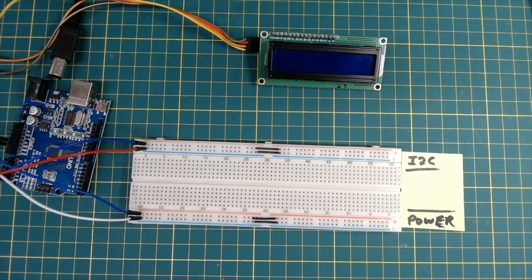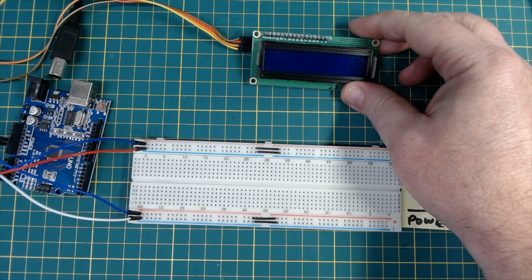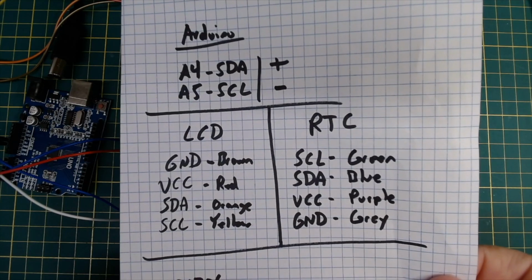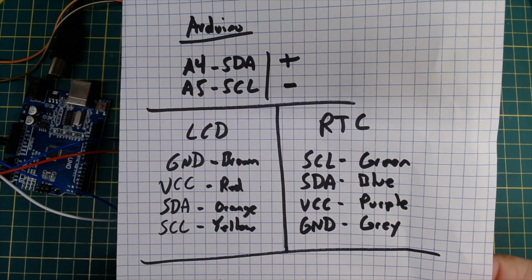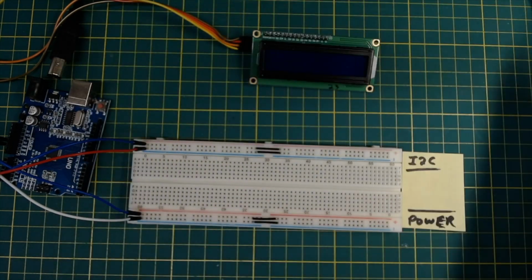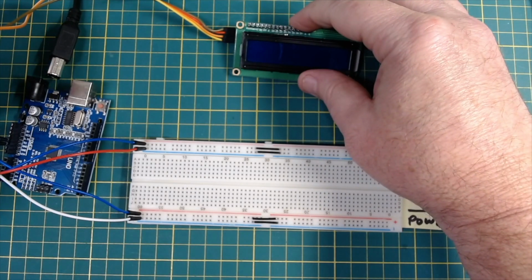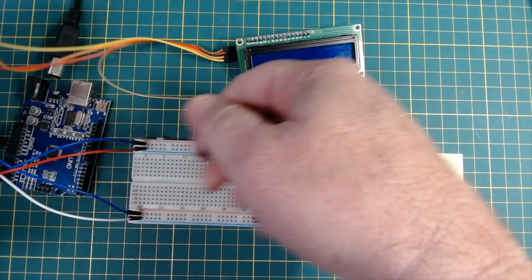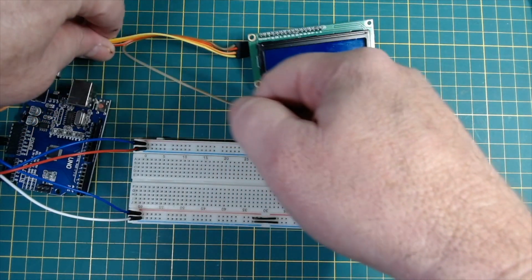Okay, the first device we're going to find out the address for is this LCD. And as I said before, we have ground is brown, VCC red, SDA orange, SCL yellow. So I'm going to hook it up just like that. Okay, I have brown here, and I'm sorry if I block your view occasionally.